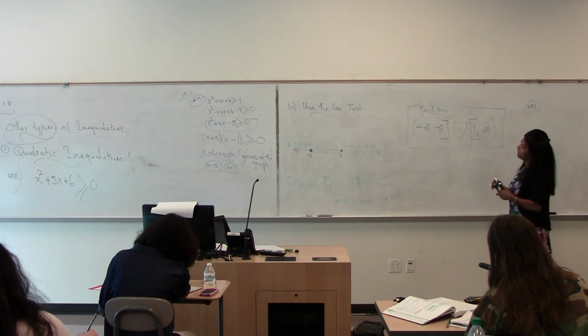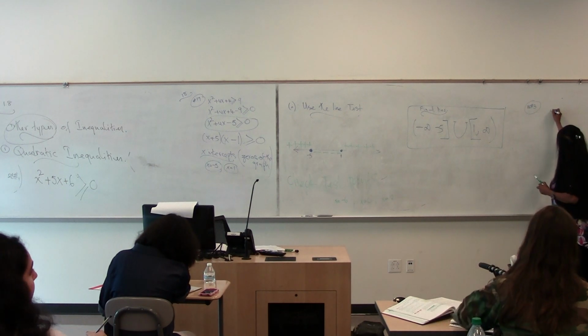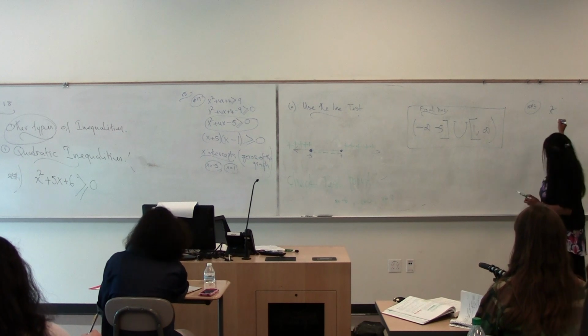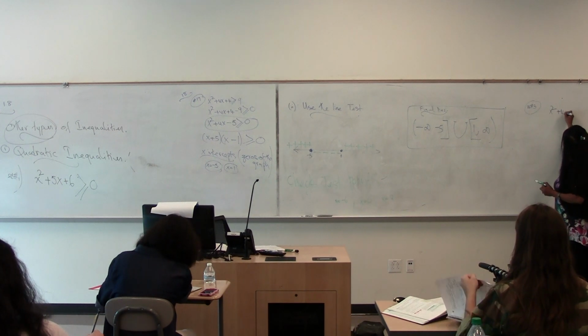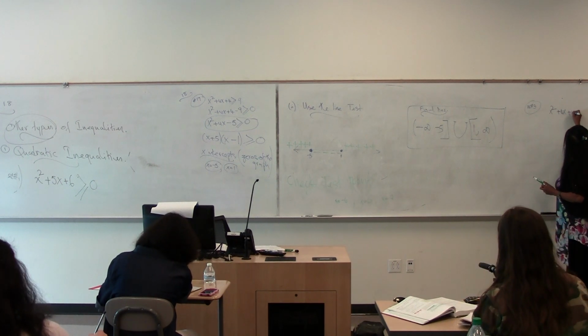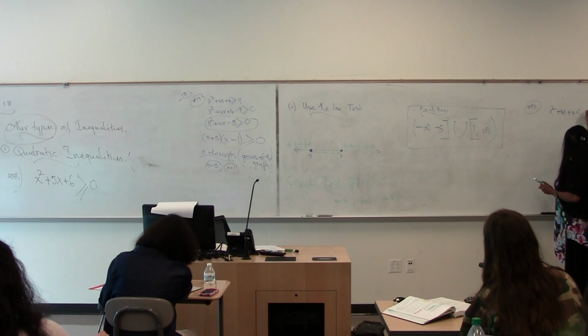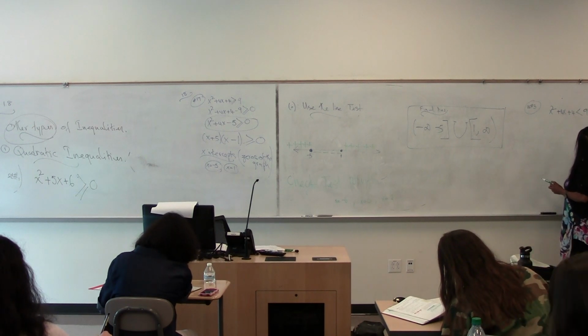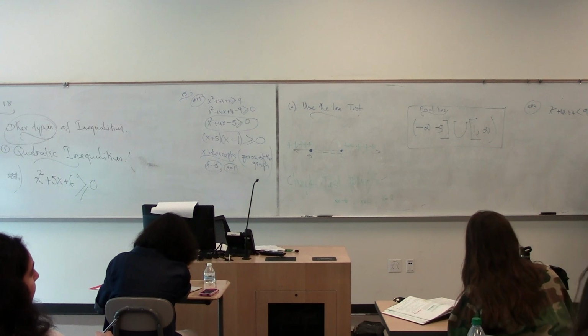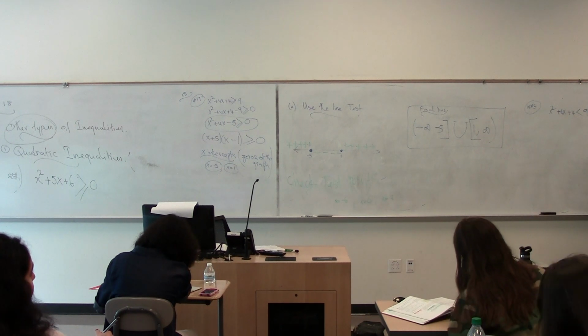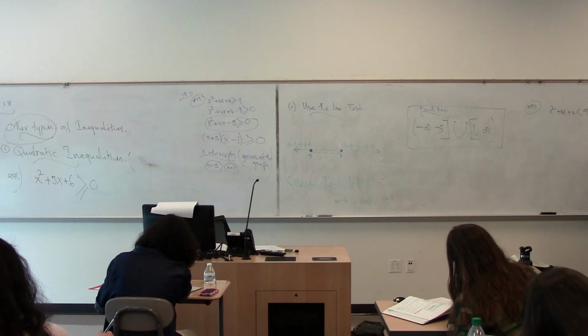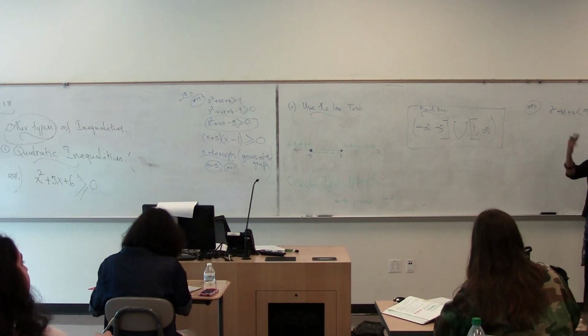My example number 3 I'm going to do like this: x squared plus 4x plus 4 less than 9. What do you do, guys? So now you know the procedure, right?